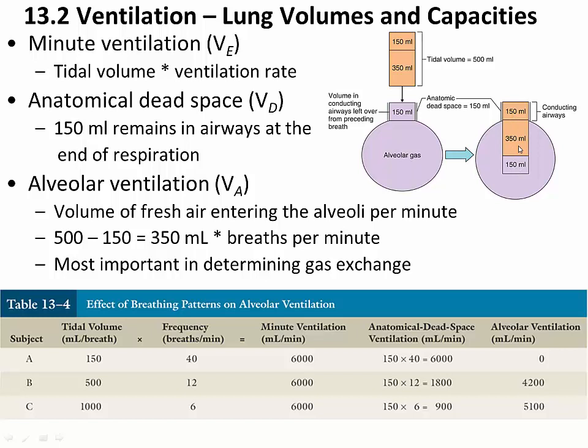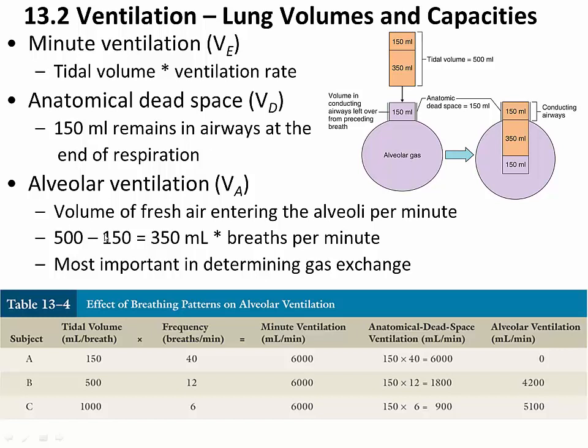So the important thing in this diagram is that although you inhaled 500 mils of air, you're only receiving 350 mils of oxygenated air. And so this means that the alveolar ventilation, in other words, the volume of fresh, oxygenated air that's exposed to the alveoli, is different than your minute ventilation.